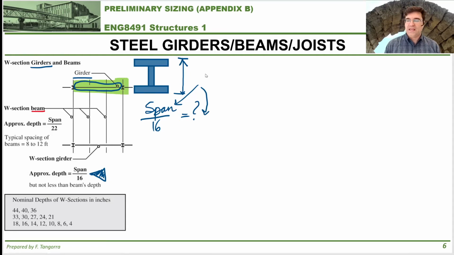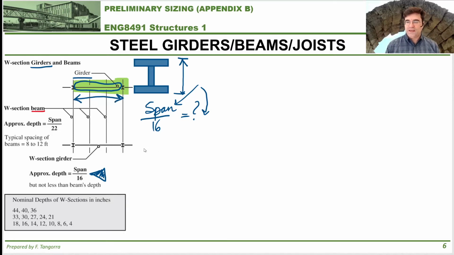So let's start with some units just to do an example. Let's pretend that the span of the girder is 13 feet. And just so we're super clear, the span of the girder is this clear dimension from column to column, right? That's the length of the girder.